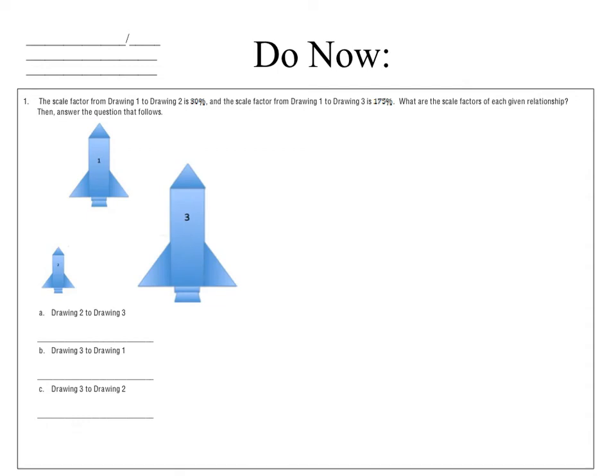Alright, so looking at our do now, we are given some information about some of the scale drawings here, and then we're being asked to find what the scale factor would be for some of the other combinations here.